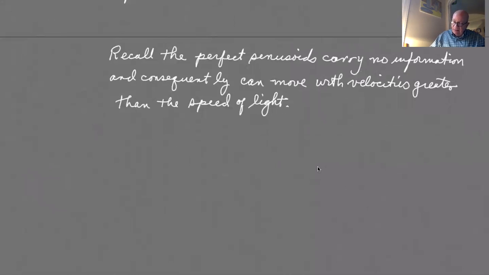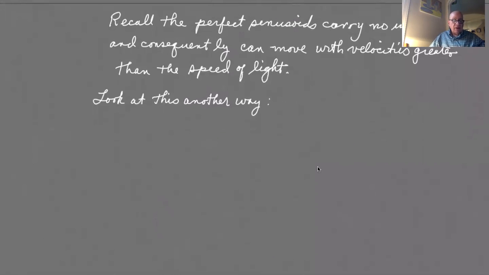So let's look at this another way, and this is more akin to what's in your textbook. The phase velocity is going to be f times lambda, which is equal to E over p, using the Einstein-Planck relationship and the de Broglie hypothesis.